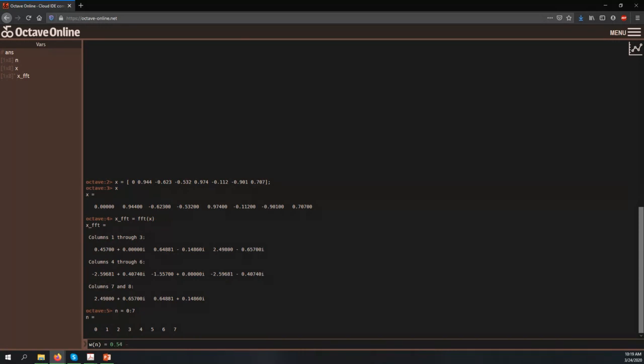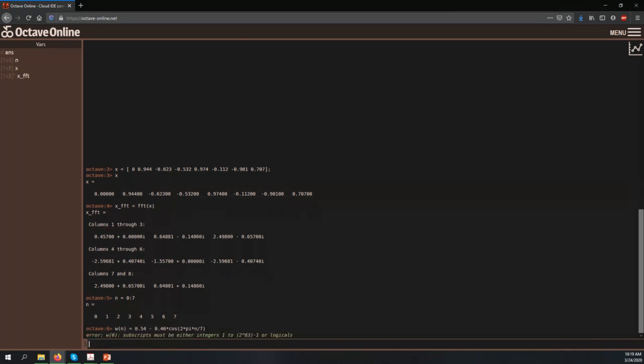So the Hamming window is 0.54 minus 0.46 multiplied by cosine of 2 pi n divided by n minus 1, which is supposed to be 7. Yep, of course they're going to complain.